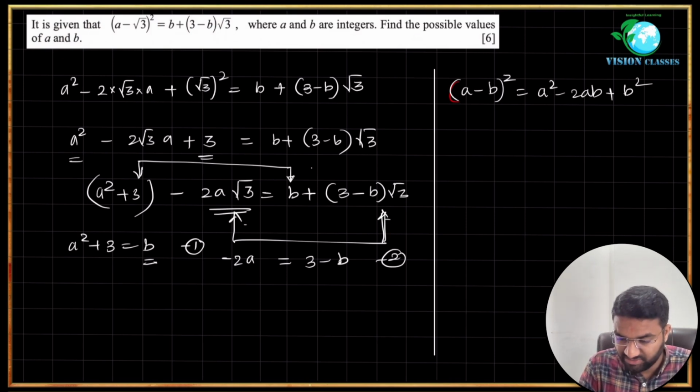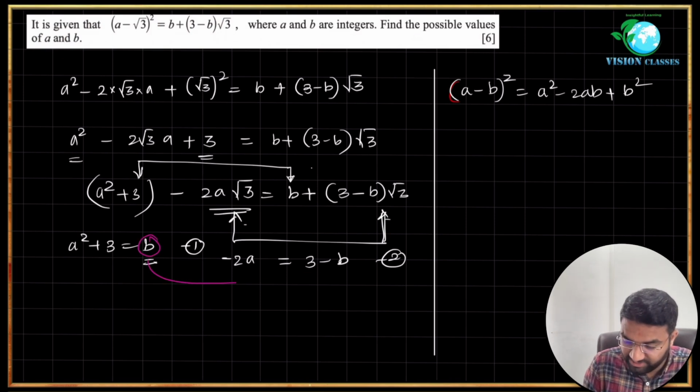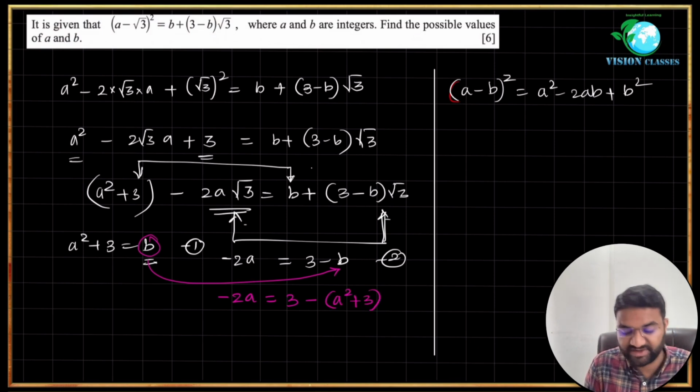Here you can substitute this b value in the second equation. So it will be negative 2a is equal to 3 minus (a squared plus 3). Simplify this and you will get a quadratic equation in a. So negative 2a is equal to 3 minus a squared minus 3.